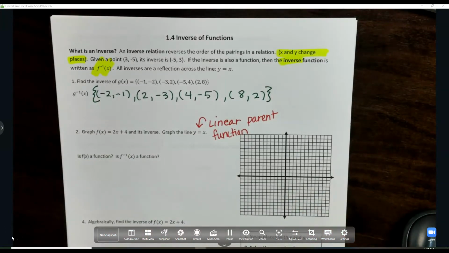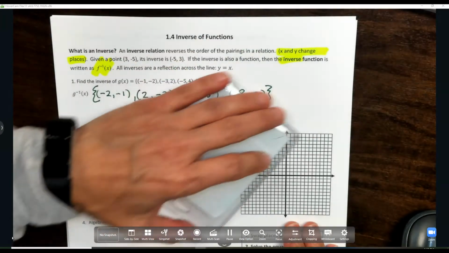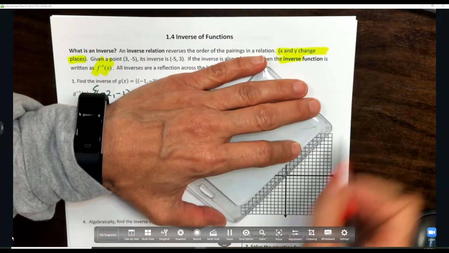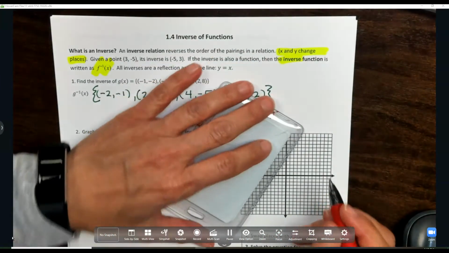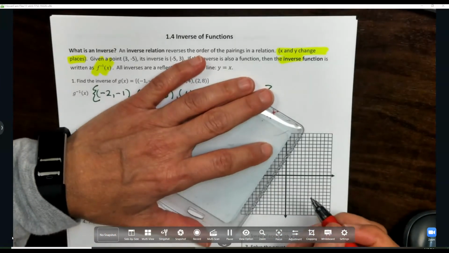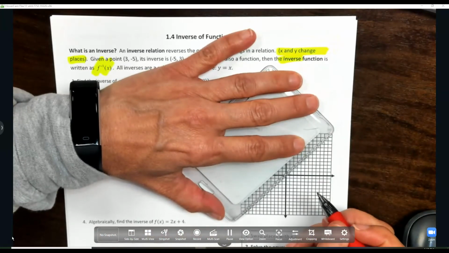So y'all, what I'm going to do is graph this. And y equals x cuts the graph in half on the diagonal. So I'm grabbing my straight edge. I'm going to cut this graph in half diagonally, but it has to go through the origin. Don't draw a solid line. Draw a dashed line with your red pen. This is going to be the line of reflection.